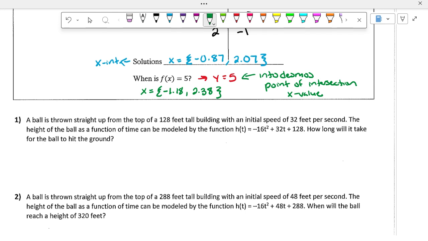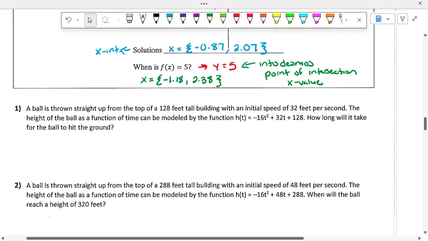But we don't really play around with that. We more care about stuff like what is the height at a certain time, what is the maximum height, how long does it take to reach that maximum height, when does it hit the ground, and how far off the ground is it when it was launched.